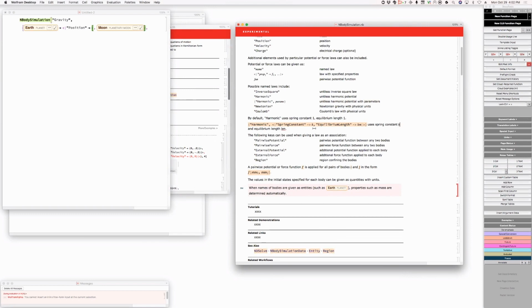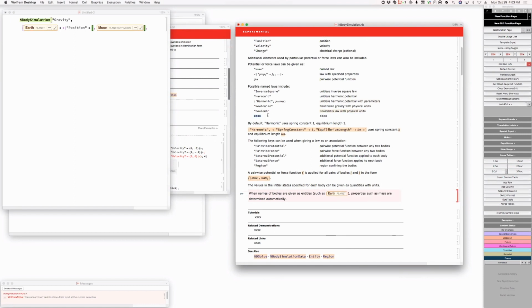All right. This is still an experimental function, and let me just make a note here. Is the Yukawa potential with parameters or not? Yes, it's with parameters. No, I meant with physical units or not. I set it up without units. I'm just going to put it as a futurized thing just so we remember that.